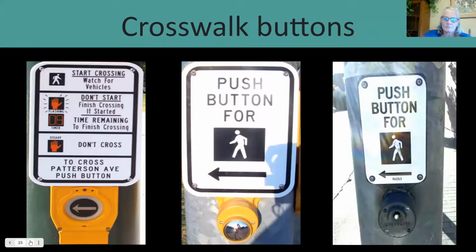In a marked crosswalk, a lot of times you're going to see these crosswalk buttons. And what do they mean? Why are these important? So if you said they help stop the traffic, you would be right.